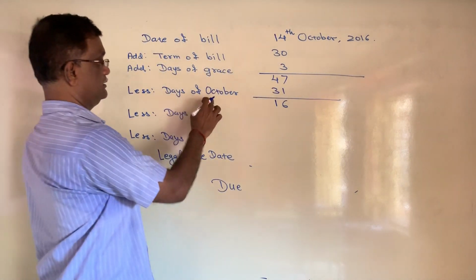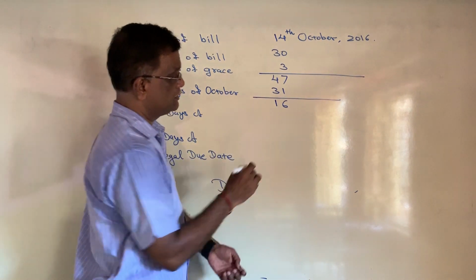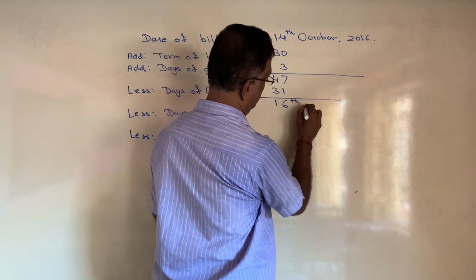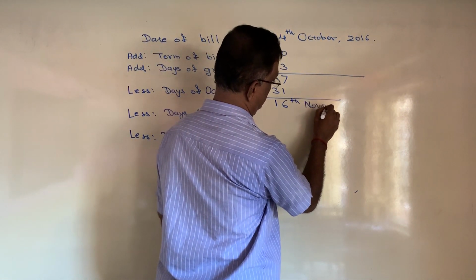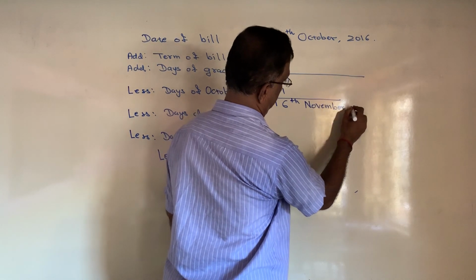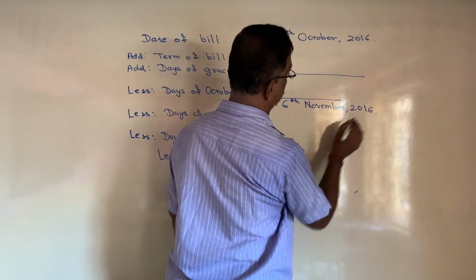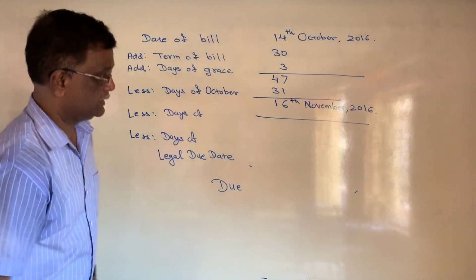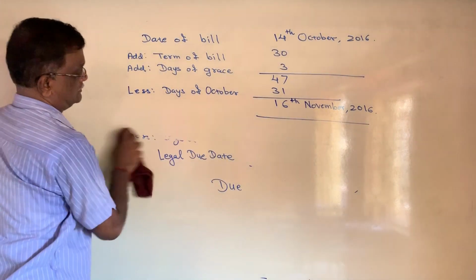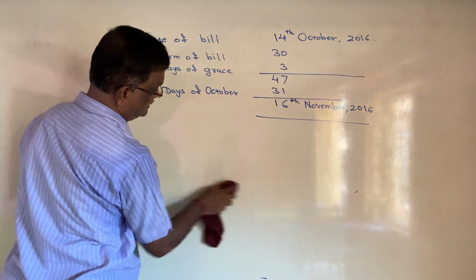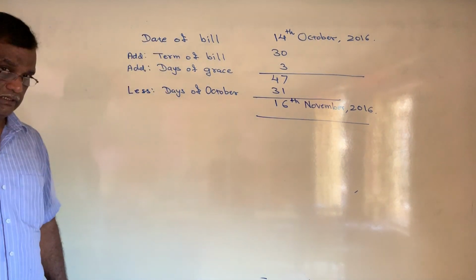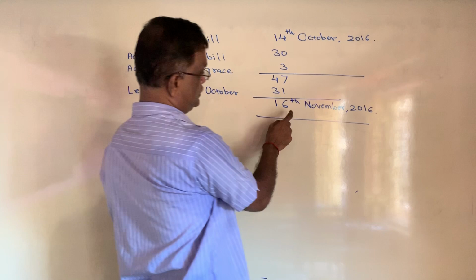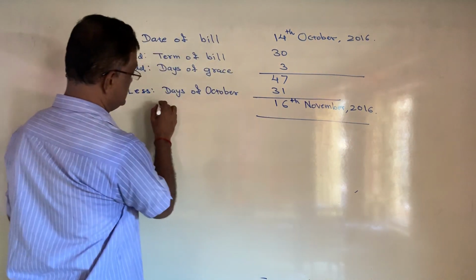So after October there is November. So 16th of November (2016) is your answer. This is your final due date, legal due date. Because from 16, the days of November, total 30 days, cannot be deducted. So here you have to stop, and this is your final answer.